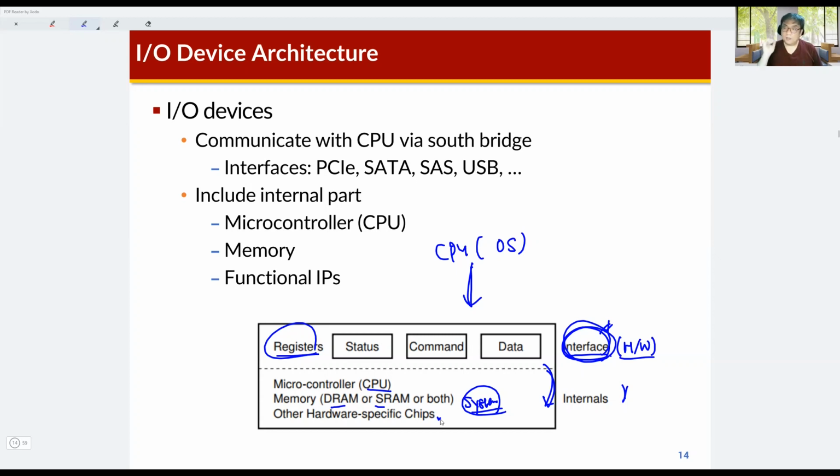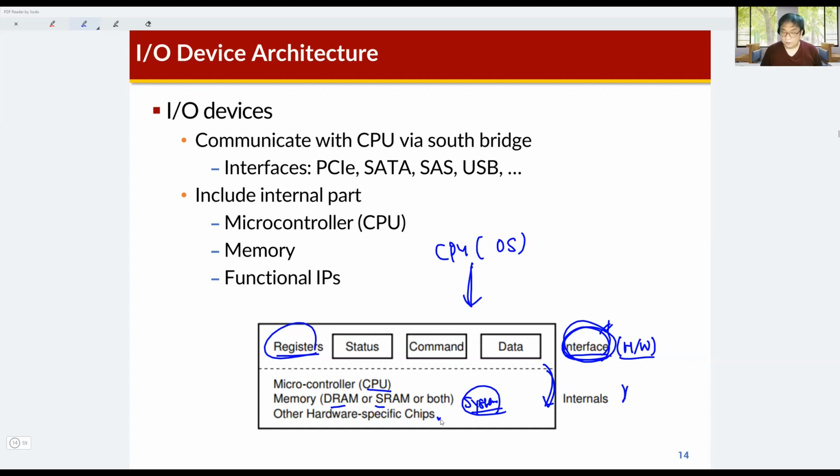As you can see, IO devices are composed of the interface part, which includes registers that show the status of the IO device and receive commands from the CPU or operating system, and also some buffers for data communication.